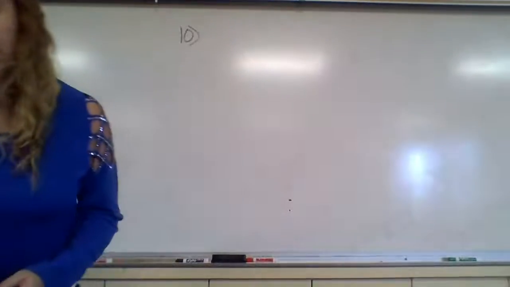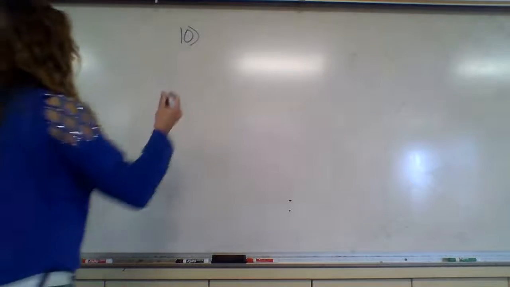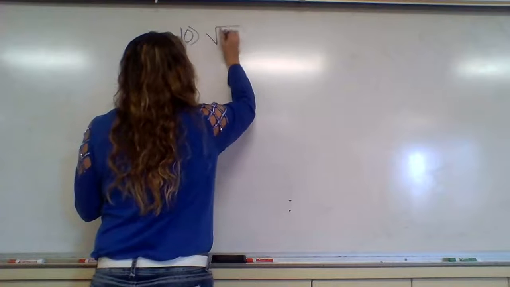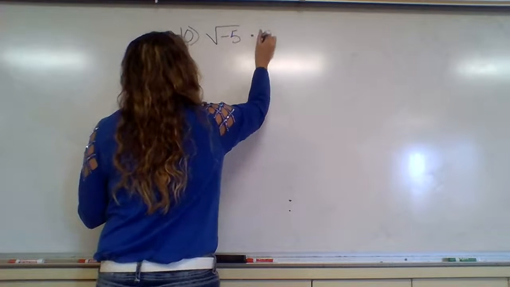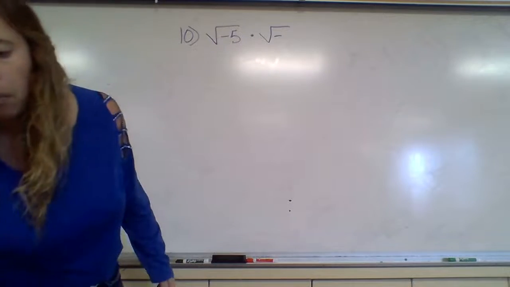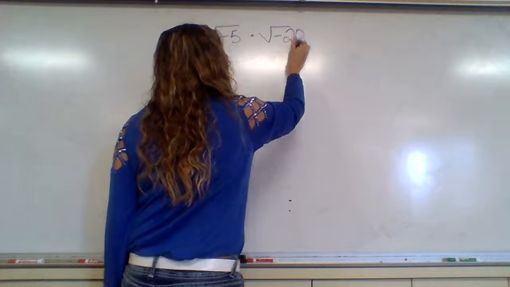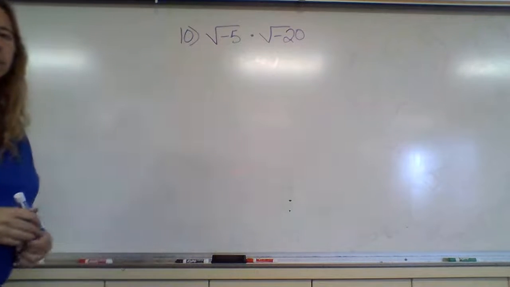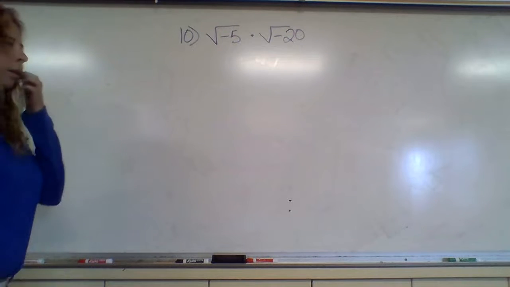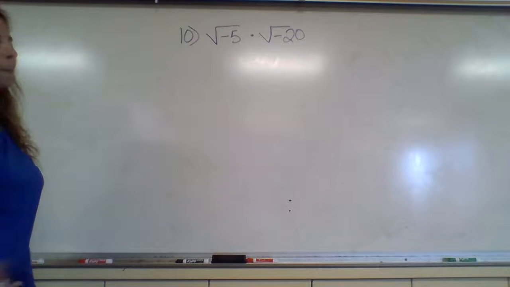Okay, your directions for 10 through 13 are simplify. So number 10 is the square root of -5 times the square root of -20. You don't need to use i.